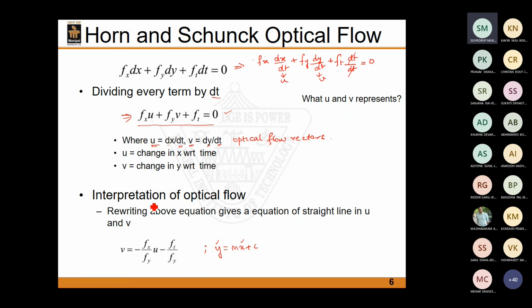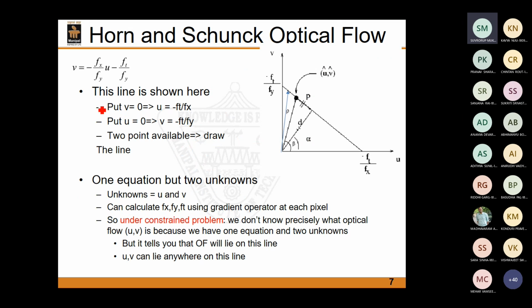So if I rearrange this, I can write it in the form of the equation of a line, and I can try to plot this in a graph, and let us see how we can find the optical flow vector after doing that. So given this equation, v is equal to minus fx by fy u minus ft by fy, I can plot a line.